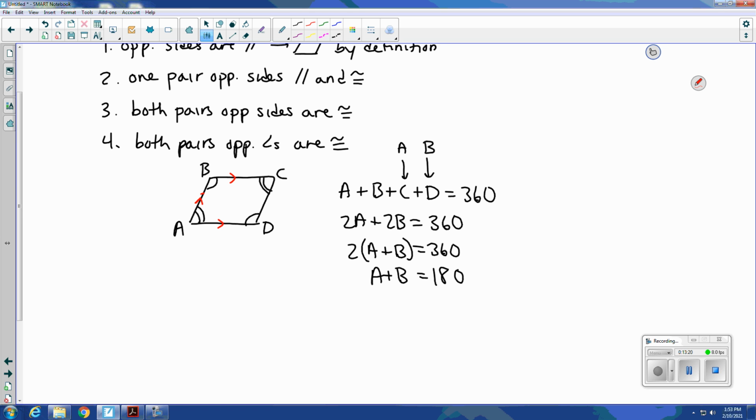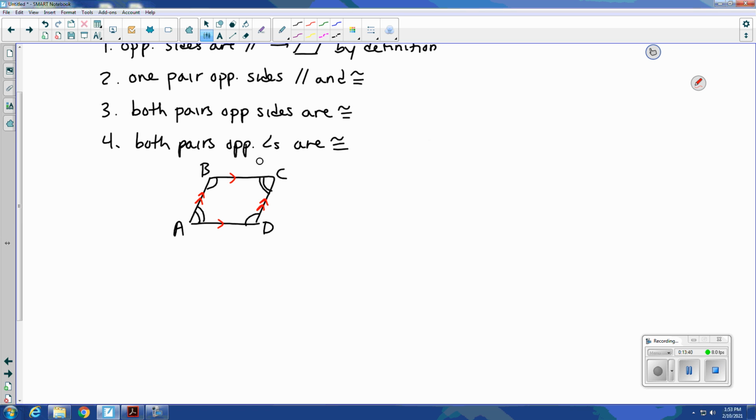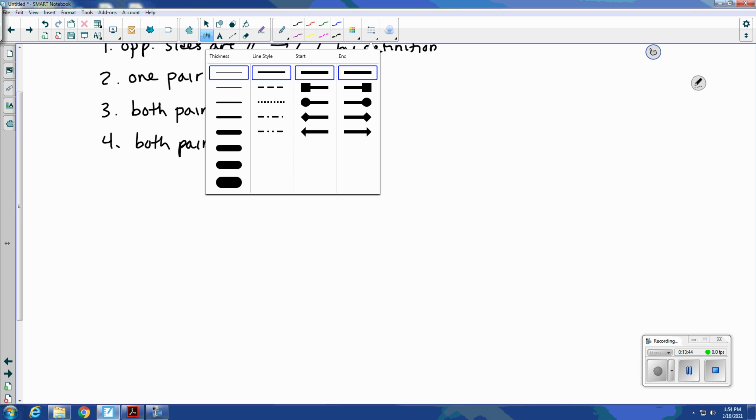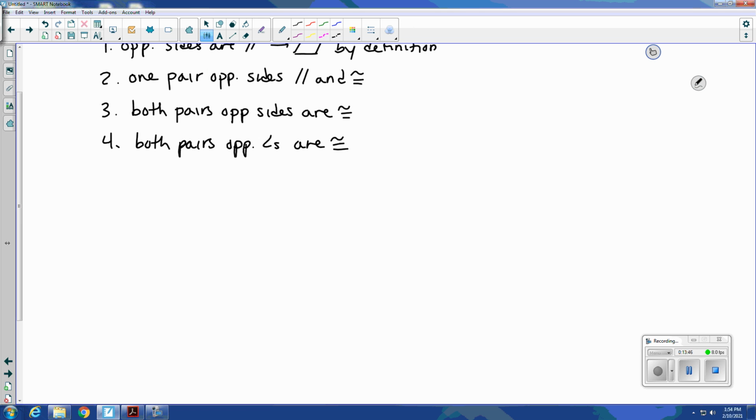So these two sides are parallel by the converse of same side interior. And by definition, if we have opposite sides parallel, we have a parallelogram. So knowing that opposite angles are congruent verifies that we do have a parallelogram, as shown through angle relationships.